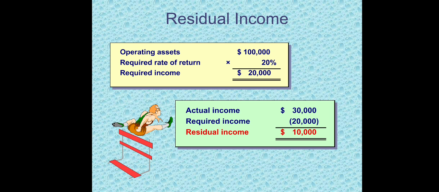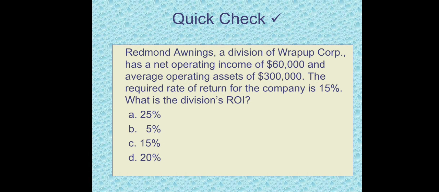If a division has positive residual income, then it shows that the division is performing well. If a division has negative residual income, then it shows that the division is not performing well. Okay, let's see. This is another example, and here you will see a comparison between the ROI and residual income methods.